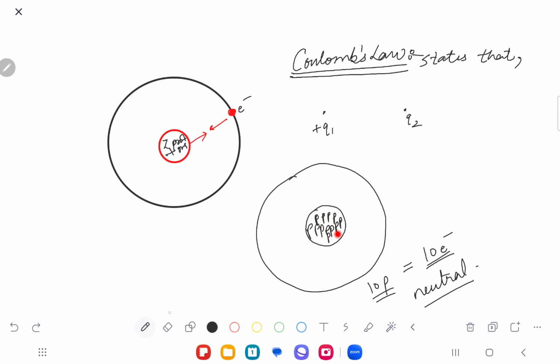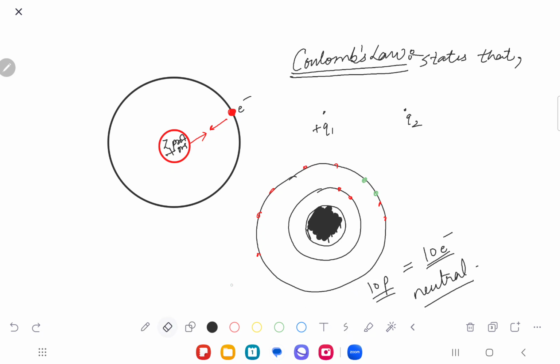So do you understand that, whose strength do you think is more? The protons, which are accumulated at one point, or the electrons which are scattered? Tell me, whose strength is more? The protons accumulated at one point behave as 10 protons together. Exactly. So the nucleus is very, very dense.